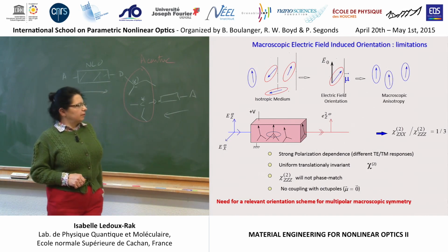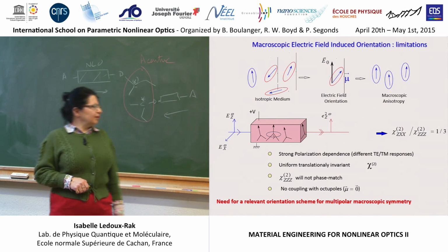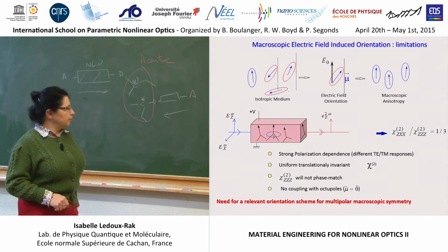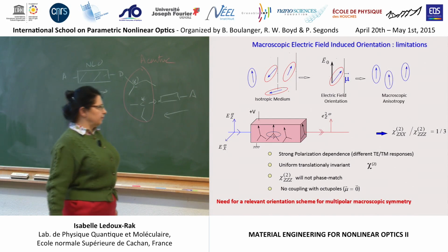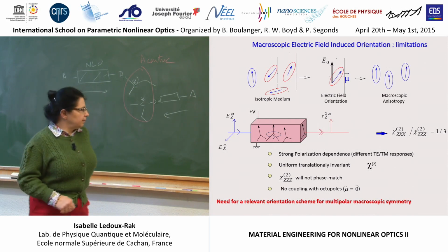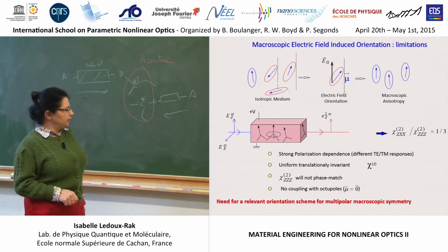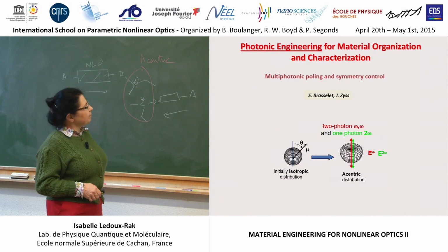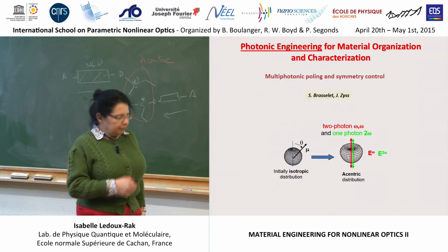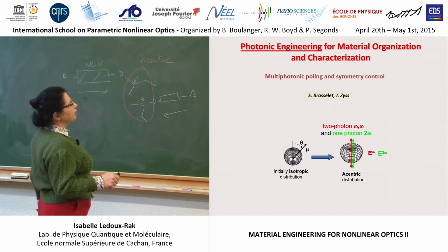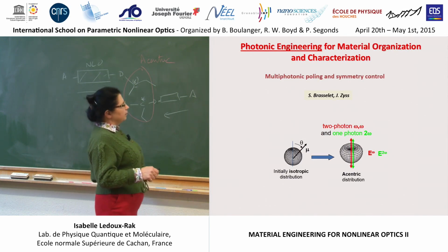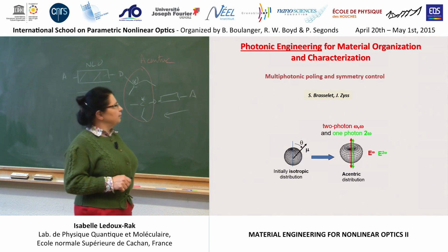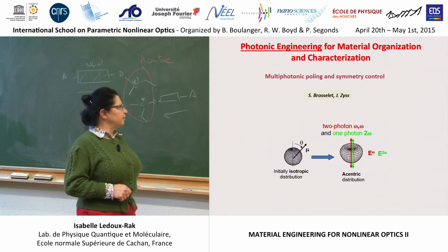And it leaves aside a family of octupoles, and we would like to be able to organize octupoles in polymer matrices. So how to find a relevant orientation method for multipolar macroscopic symmetry? This has been developed for 15 years by Joseph Zyss and Sophie Brasselet, and is known as multiphotonic poling to control the symmetry.